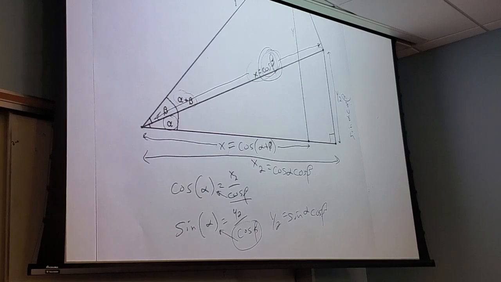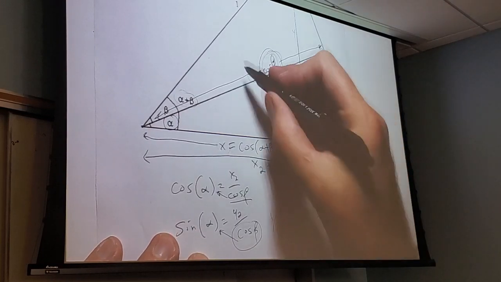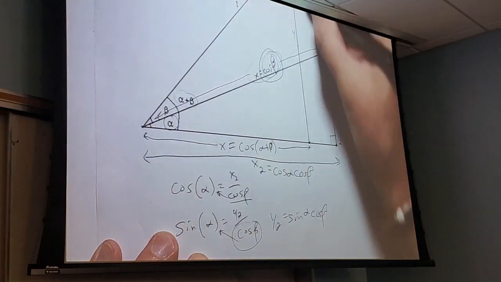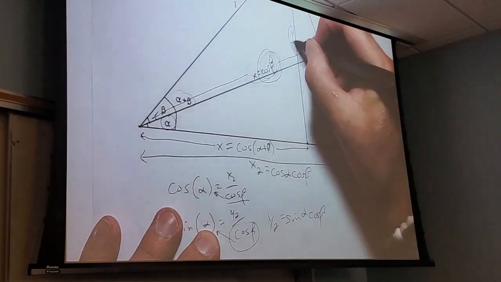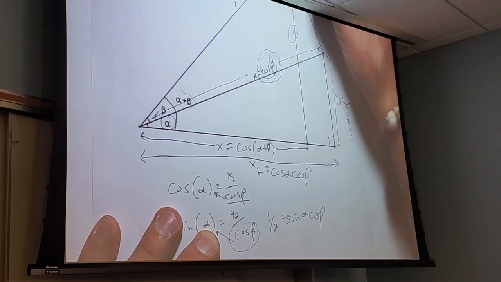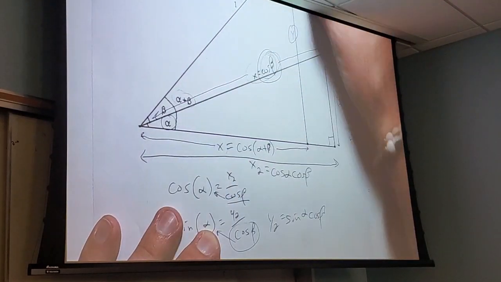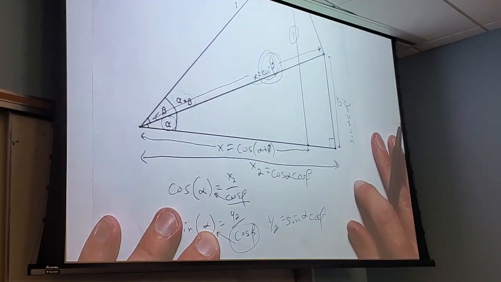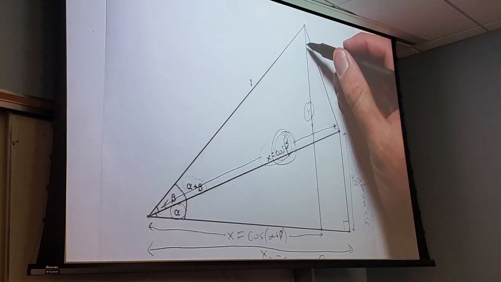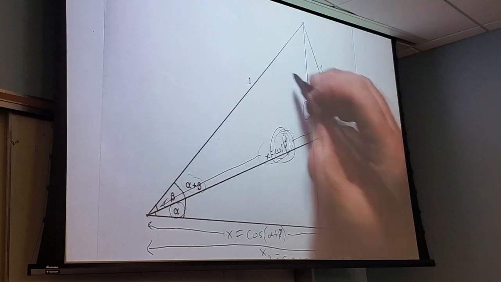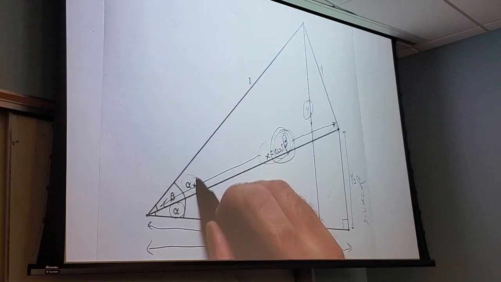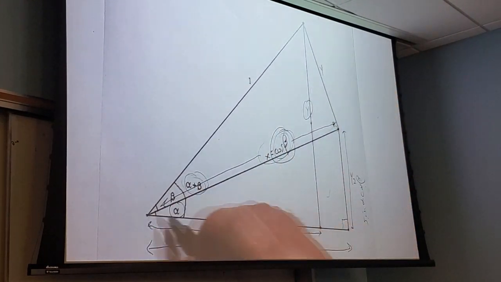Thankfully I've got a little thing to keep myself straight. Oh yeah, there was one more thing I could do with this big triangle here. So get the y side. What is the sine of alpha plus beta? That's the angle in this big triangle, right?